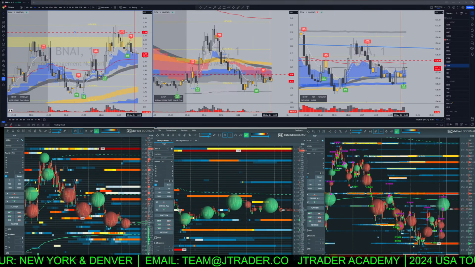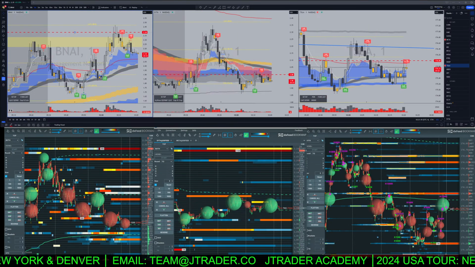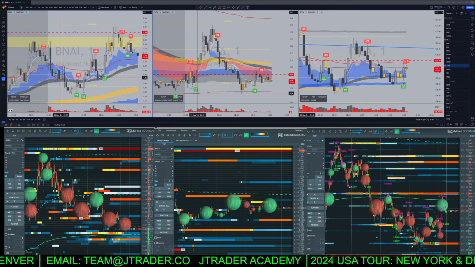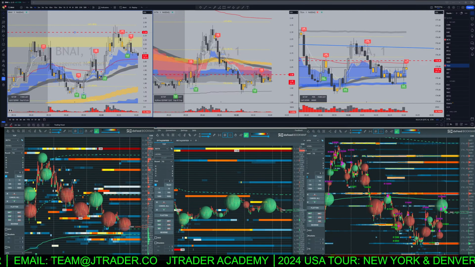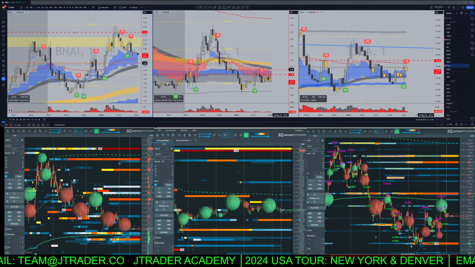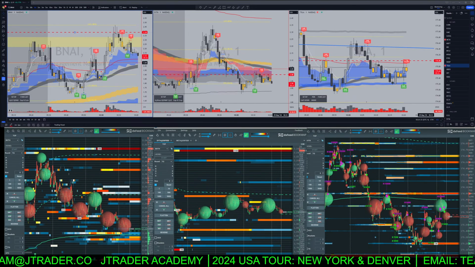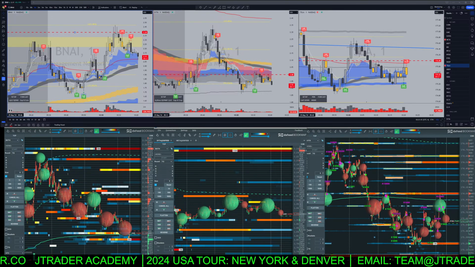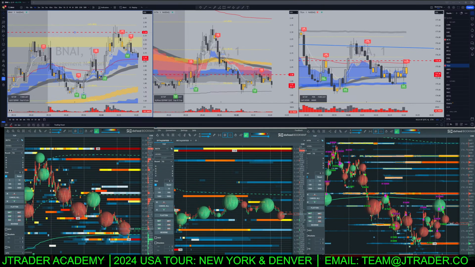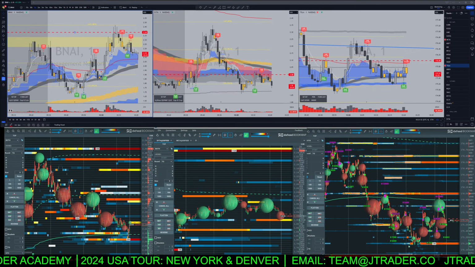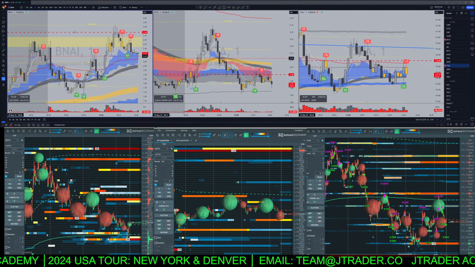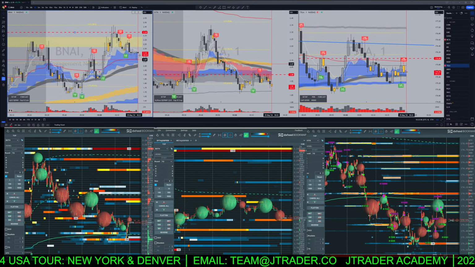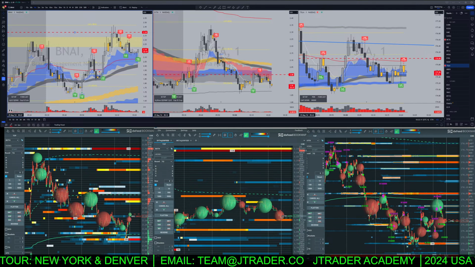So patient on this. $2.12. $2.10. And then look over here from the VWAP, we have buyers, but still staying in, still waiting, still over here, patience.